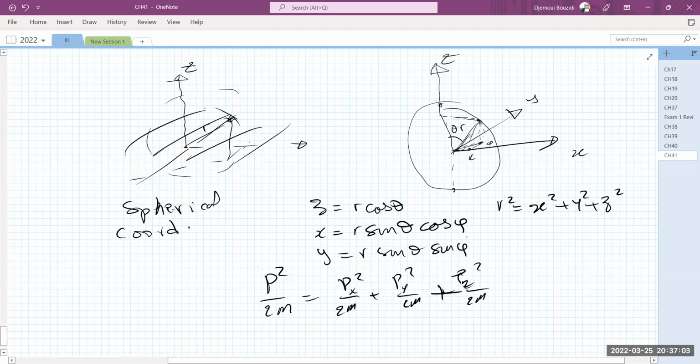Then you have to take theta. Theta is clearly, if I take x squared plus y squared under the square root, the cosine squared and sine squared add up to 1, and you will have an r sine theta divided by r cosine theta. When you divide it by z, you're going to get tangent of theta. So tan of theta is going to be square root of x squared plus y squared divided by z. And finally, if you take y over x, you're going to get tangent phi.